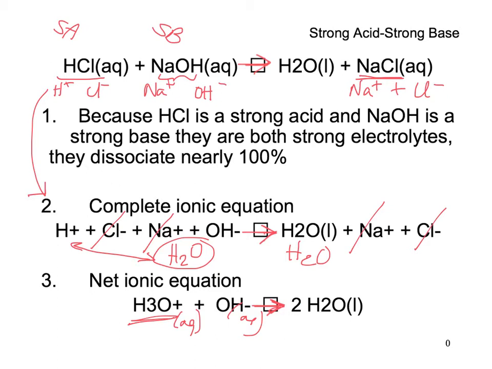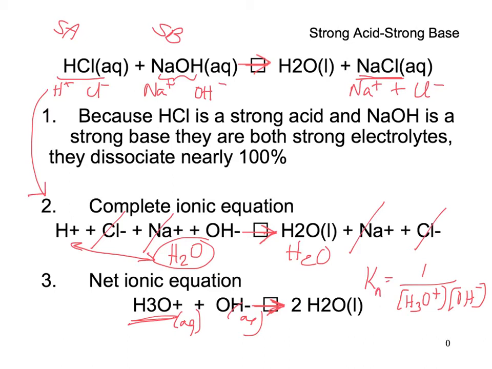Now, for this reaction, if you wanted to write down the overall equilibrium constant, you would say 1 for the numerator is divided by hydronium times hydroxide, and you will call this a neutralization constant.